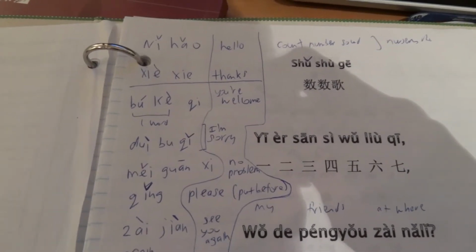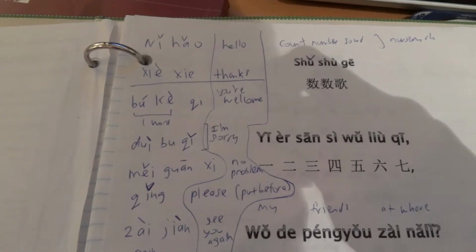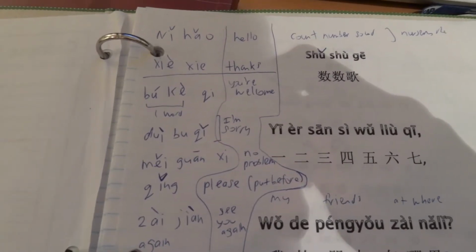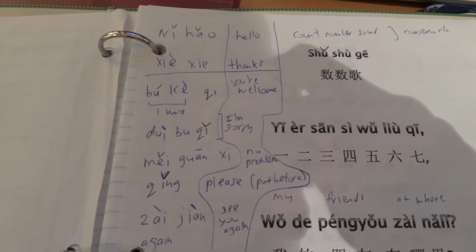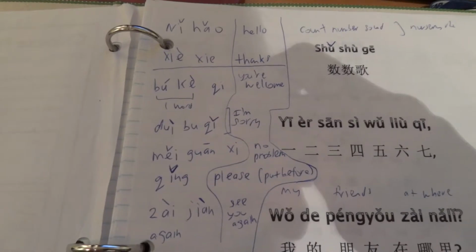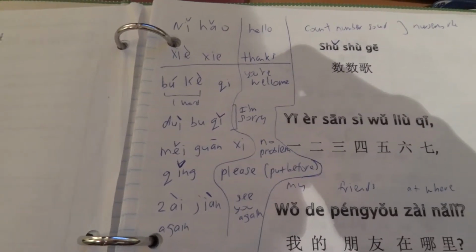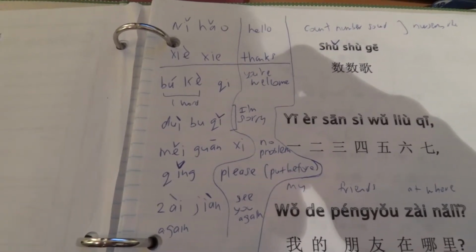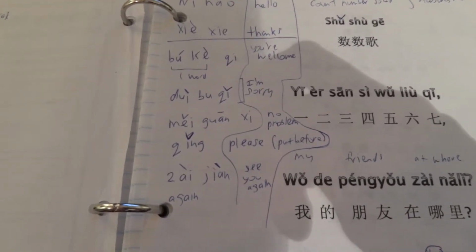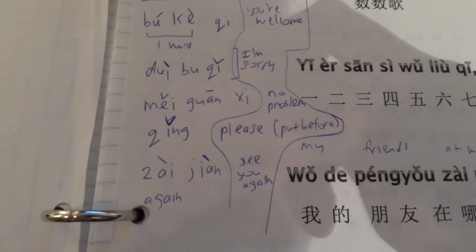To say I'm sorry, it's 对不起. I think that's right. For no problem is 没关系. Might need a bit of work on that one. 没关系. No problem.